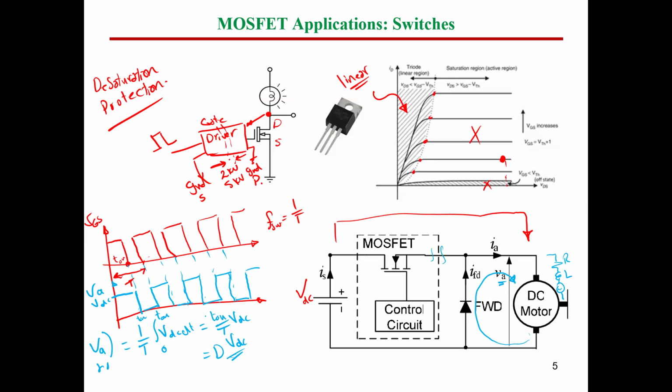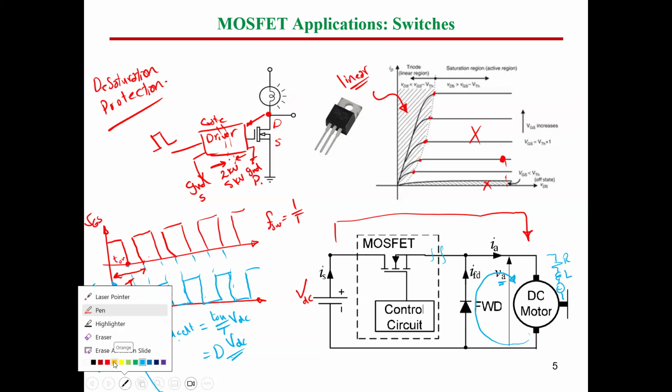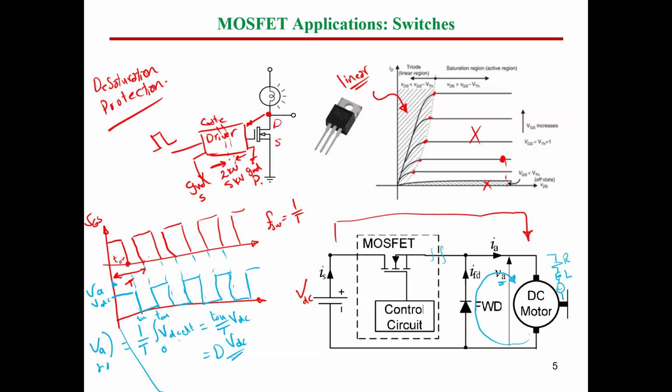So this is a voltage waveform. If you would like to draw the current waveform, let me draw the current waveform in a different color here. During the turn on pulse, the current is going to charge. Then during the turn off pulse, the current is going to discharge, and so on. So this would be the shape of the current of this load.